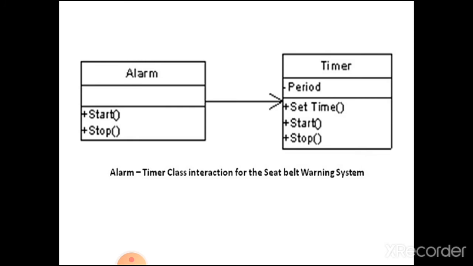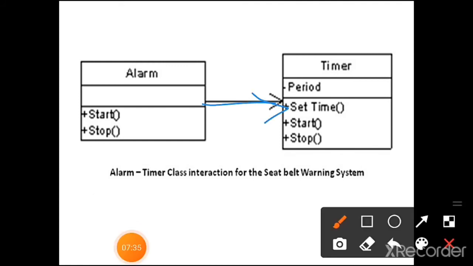Then here we represent the alarm timer class interaction for the seat belt warning system. How do they interact? It represents a link from one class to another class.